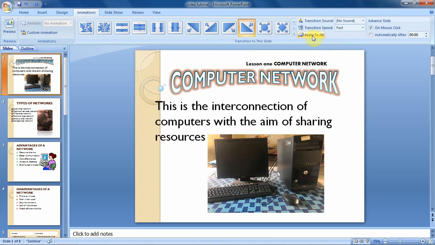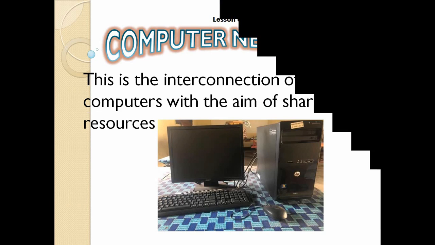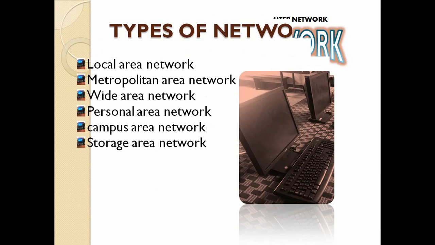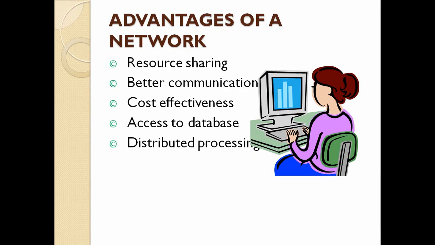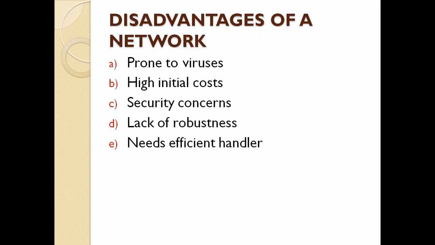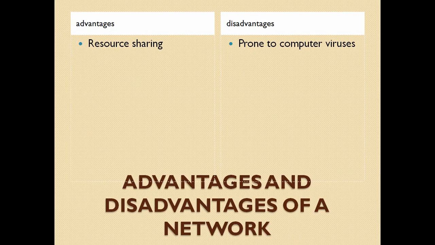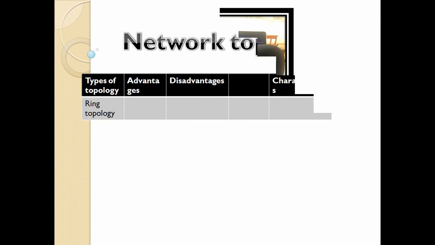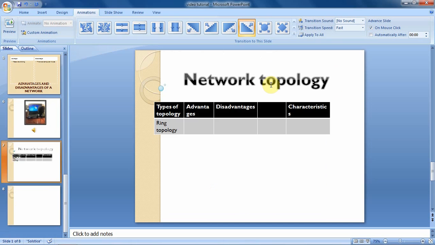When you click on apply to all, it means that this transition effect will be applied to all the slides within your presentation. If you click on the slideshow view, then click to move to the next slides, you can see the same effect on all the slides that you have in your presentation.